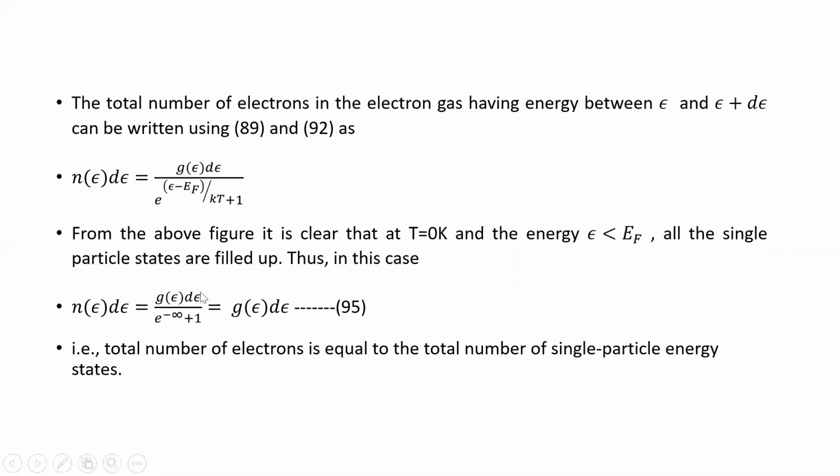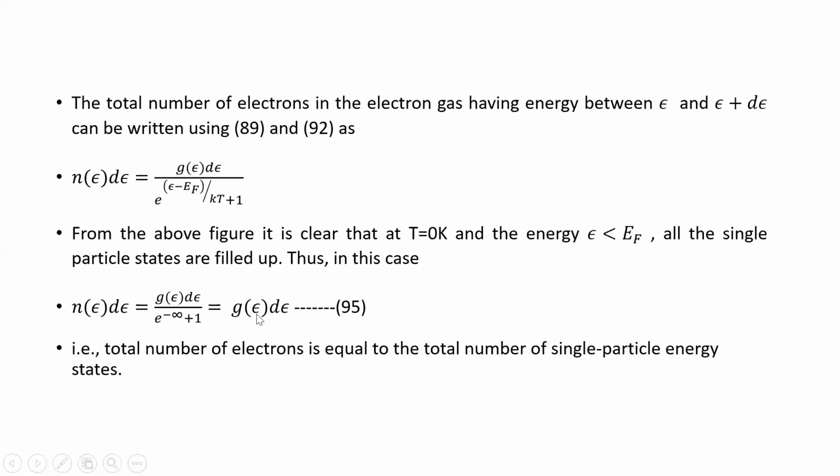Thus, in this case, NED can be written as GD divided by T is equal to 0 and E is less than EF. So this becomes e to the power of minus infinity. E to the power of minus infinity is 0. So here NED is equal to GED.